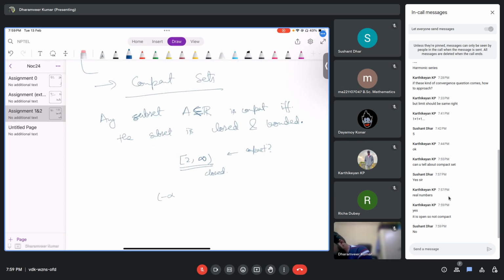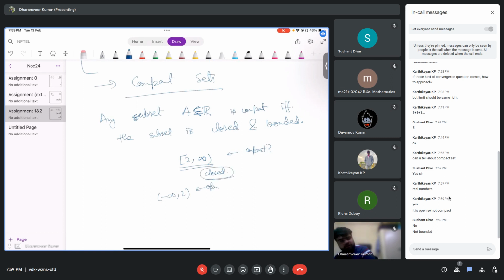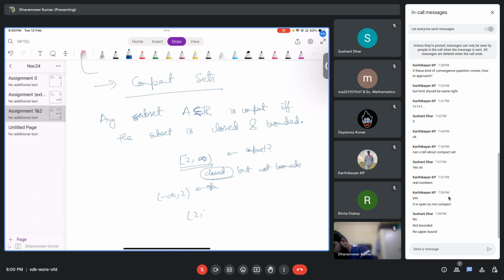Because this is open and this is closed. Closed but not bounded. Bounded but not closed.